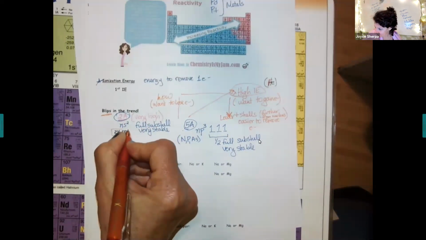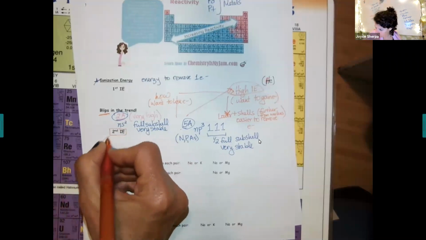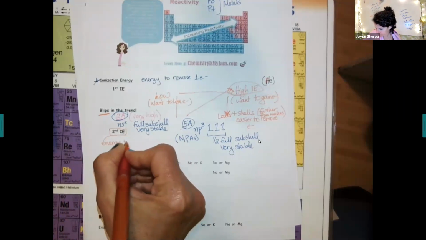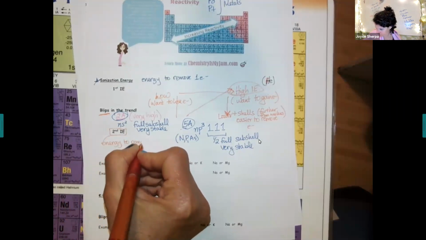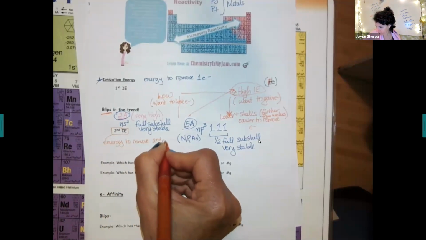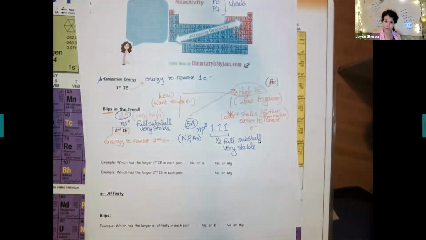All right, this is the energy to remove the second electron. The first ionization energy is the energy to remove one electron. Now we're going to remove a second electron.